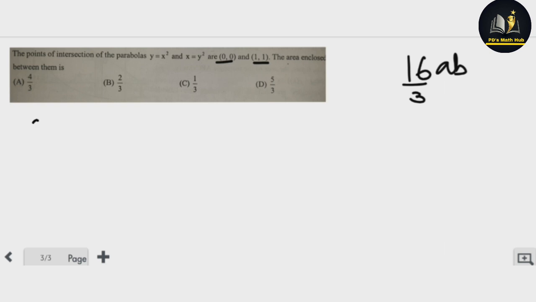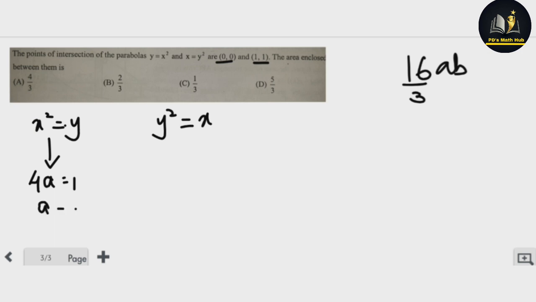Now x square is equal to y and y square is equal to x. These are the two parabolas that they have given. x square is equal to 4ay, so on comparing with that, 4a will be equal to 1 and the value of a will be 1 divided by 4.